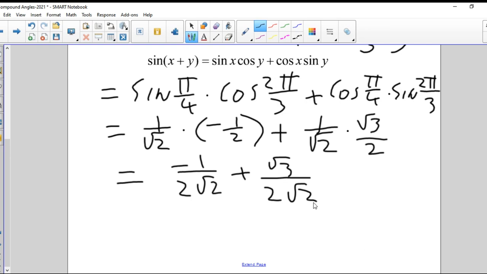And then when I put these two together, that should be minus 1 plus root 3 over 2 root 2. Okay, obviously you can write the other way around. You can say root 3 minus 1 over 2 root 2. That would be the same thing.